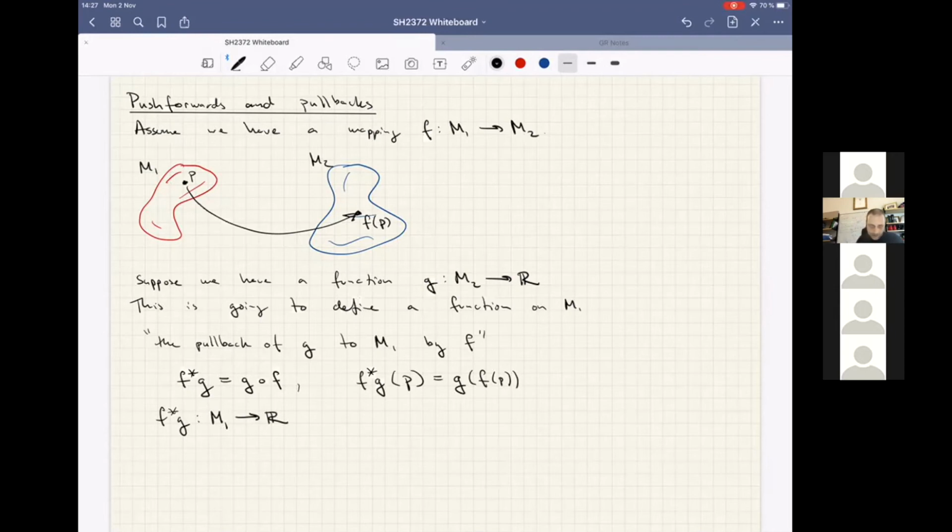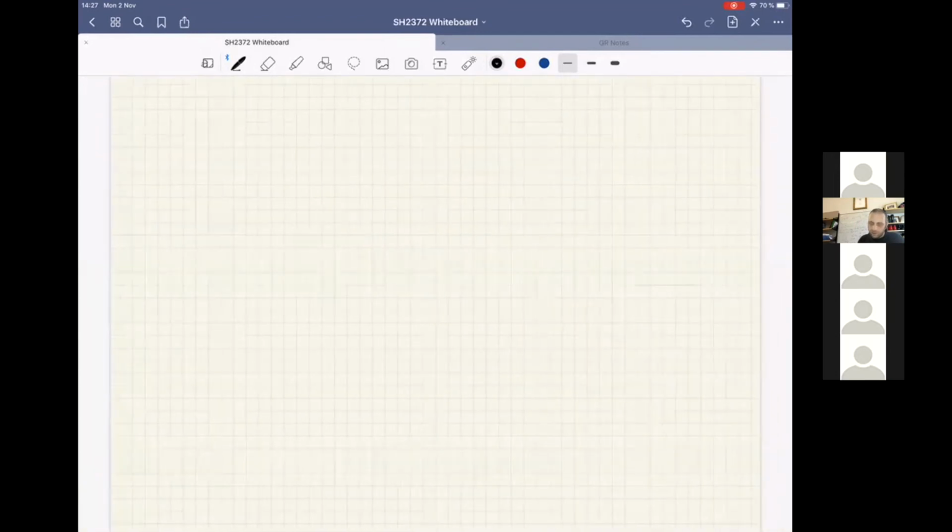So just an example of that, a rather nice example. Let's look at the sphere. The unit sphere. So we take a sphere of radius 1 embedded in three-dimensional Euclidean space.